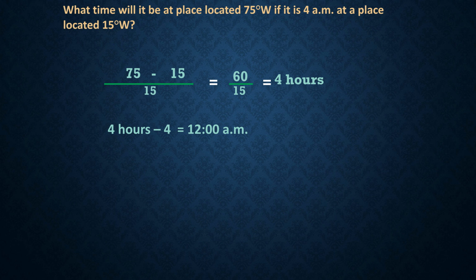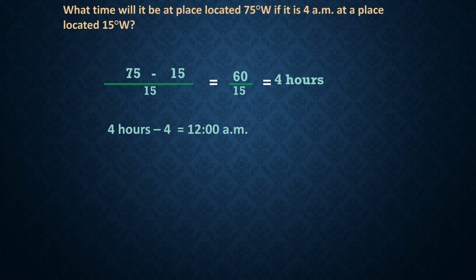Now remember, students, even though both places are west of Greenwich, you're looking for the time of a place in relation to the other. So if you're looking for the time of a place that is located west in relation to the other place, even though they're all west of Greenwich, you're going west, so you still have to subtract.